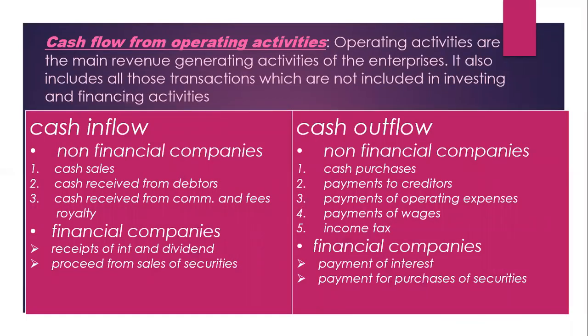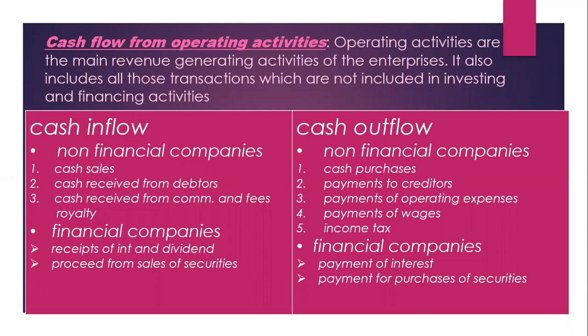Now we will see the cash flow from operating activities. Operating activities are the main revenue generating activities of the enterprise. It also includes all those transactions which are not included in investing and financing activities. Cash inflows include cash sales, cash received from debtors, cash received from commissions and fees and royalty.